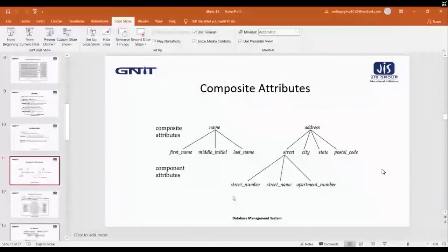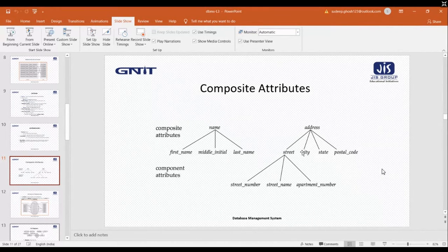Okay, so these component attributes are the simple ones, so they cannot be divided into more parts. See here, we have broken the address in two stages. Again the street is also decomposed.